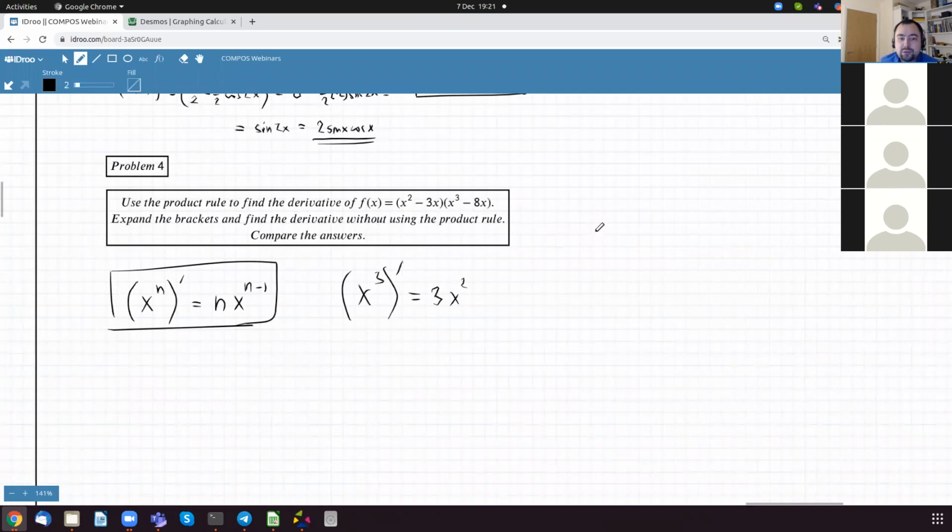So the product rule says that if you have the product of two functions, let's say u and v, its derivative is equal to the first function multiplied by the second function plus the first function times the derivative of the second function. This is the product rule.